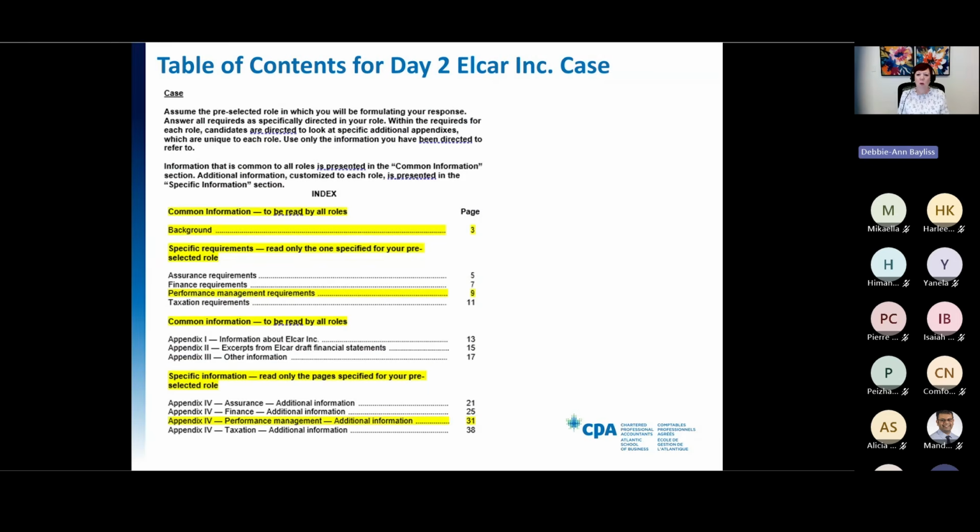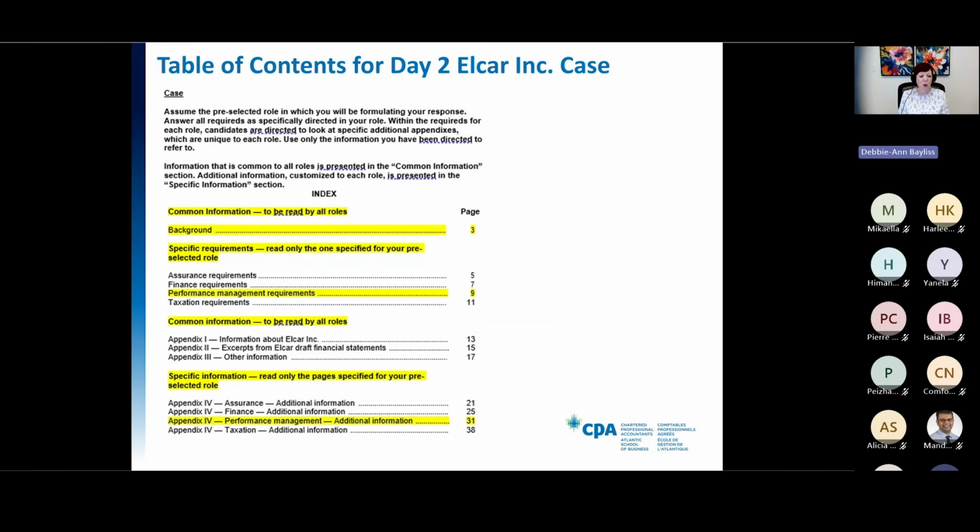So as you are aware, everyone is writing the same day 2 case. And I've enclosed here for you the table of contents because the information is divided. First of all, there's common information, background information that should be read by all roles.